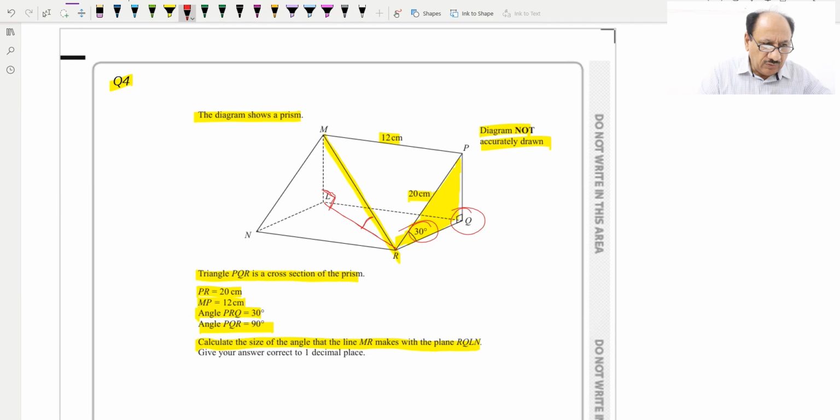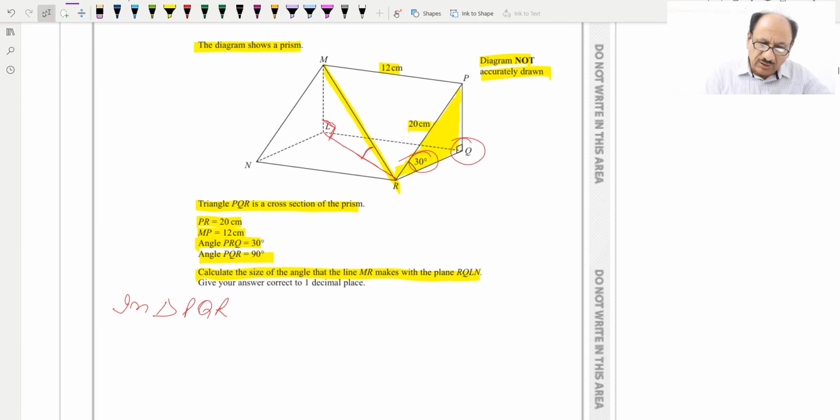So first we will find PQ in triangle PQR. We can apply Pythagoras, or basically trigonometry. So PQ is equal to what? PQ over PR is equal to sine theta.